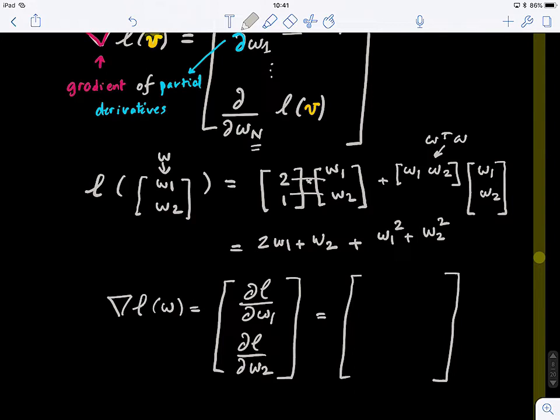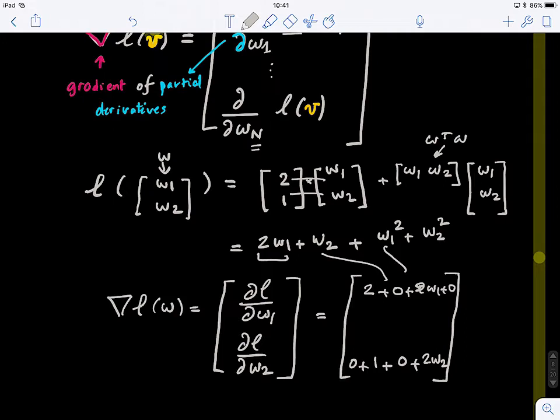So here, if we derive this one, it's 2 plus 0 plus 2W1 plus 0. Okay, simple. And then the second one is the same thing. So the first one is a constant, so 0 plus, this is just a constant now, 1 plus, we have 0 and plus, good.